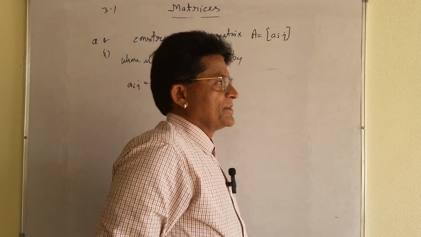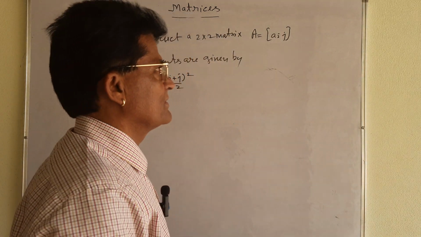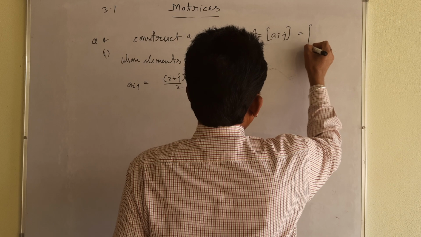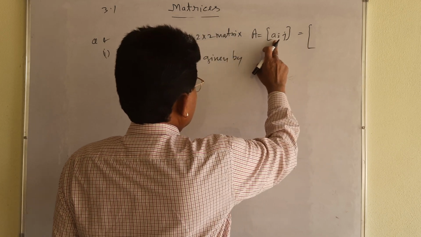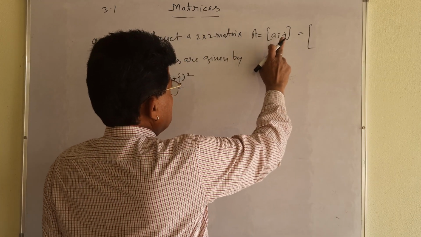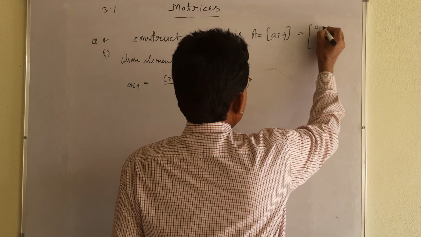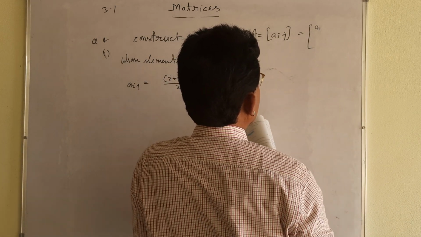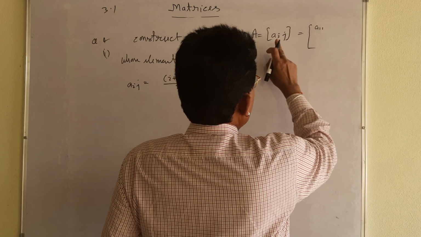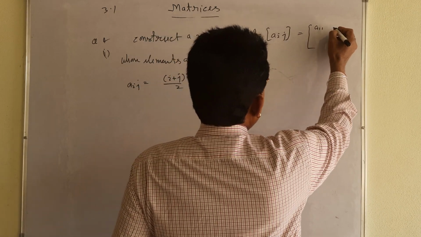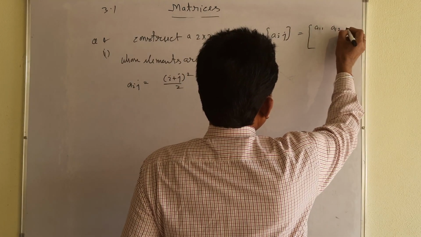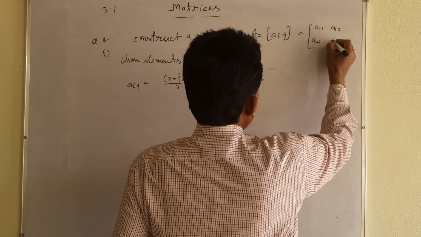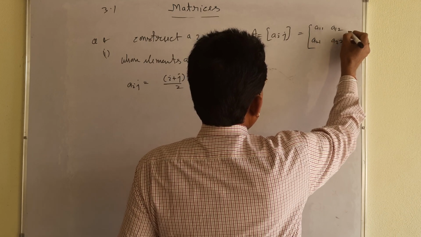See, my dear student. Let me write a 2 by 2 matrix here: A11, A12, A21, A22.